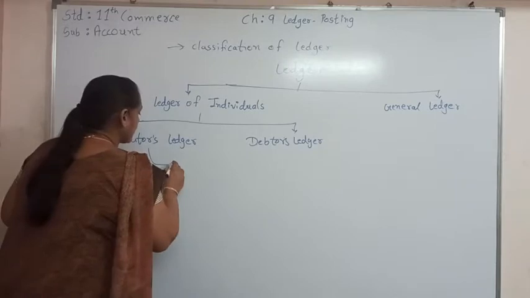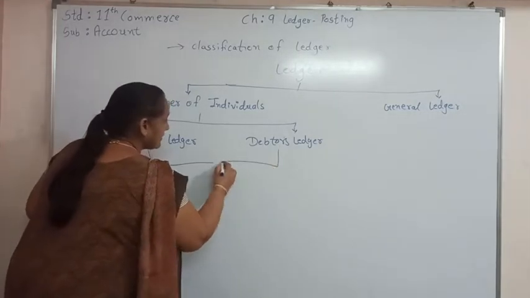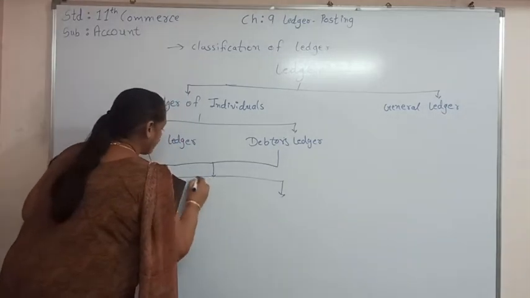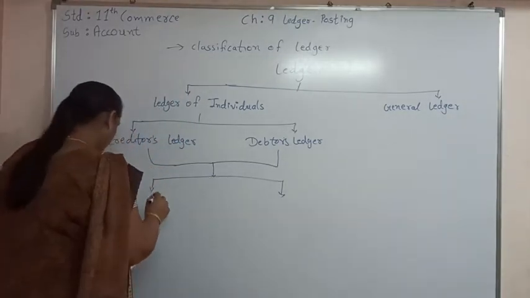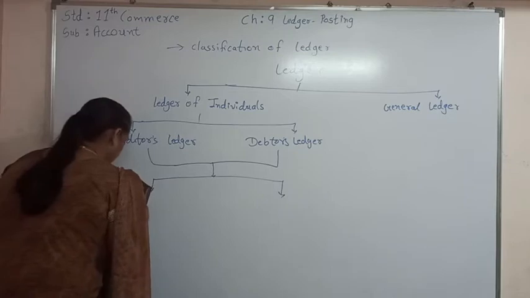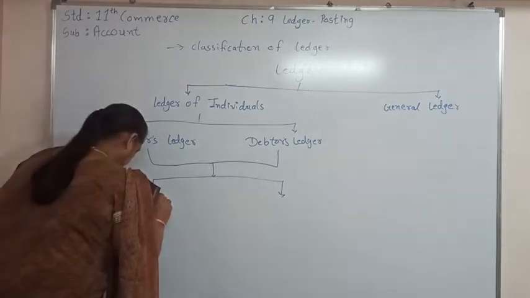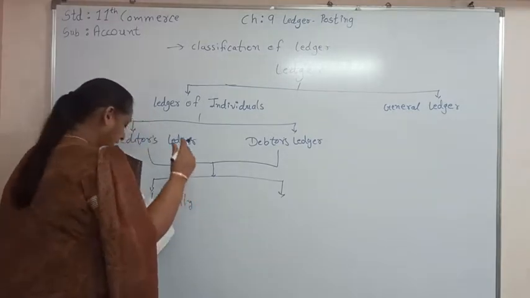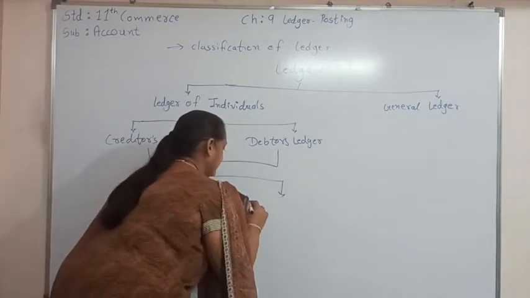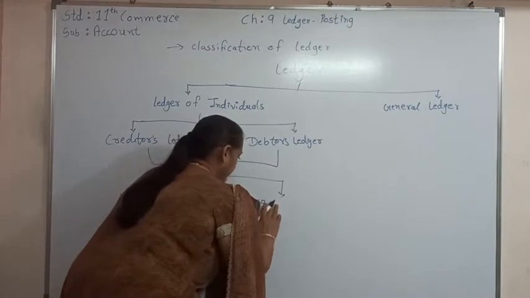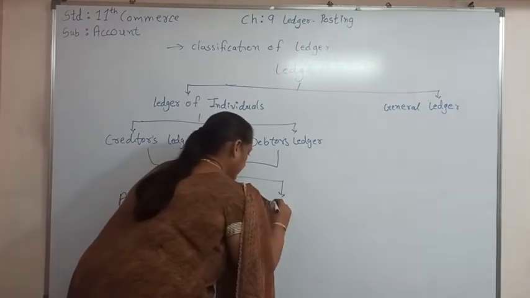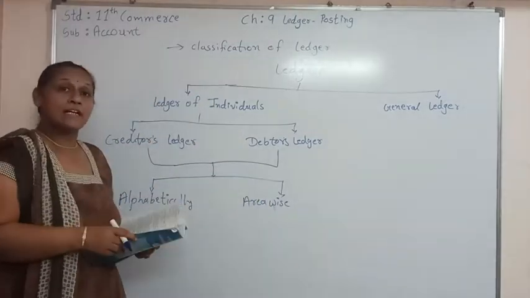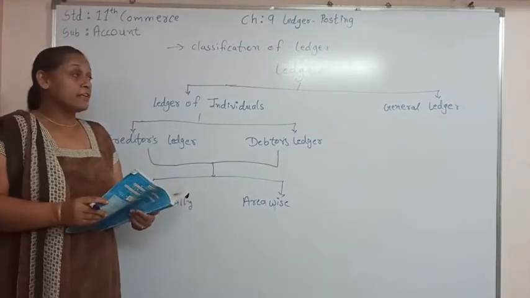So these two ledgers can again be categorized into another two categories, that is alphabetically and area wise. So these are the main categories of the ledger.